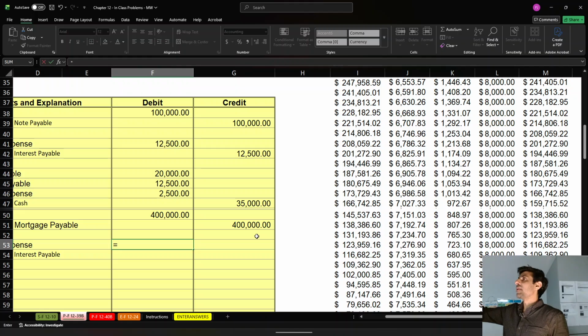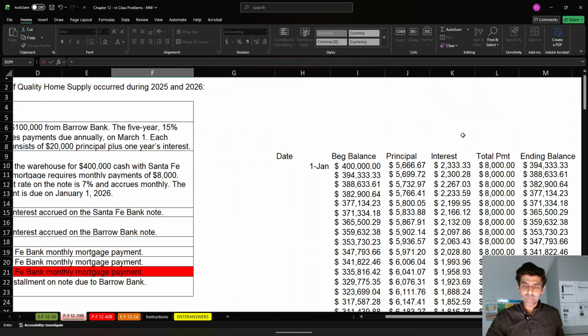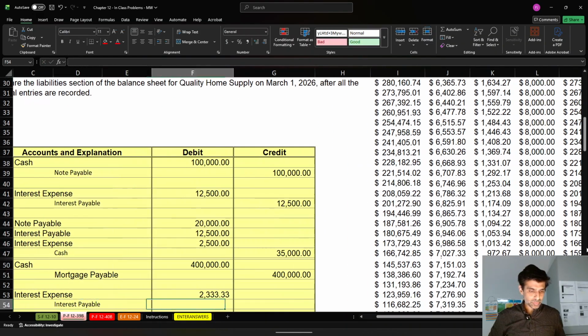Every day that interest expense is accruing, so we're only accounting for that. The payment of principal is only going to happen when we actually make the payment, because maybe we have an interest only loan where we don't pay off any principal. That's possible for loans. So for interest expense, we can just use this first month's worth.